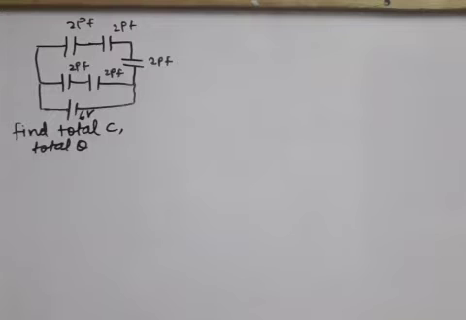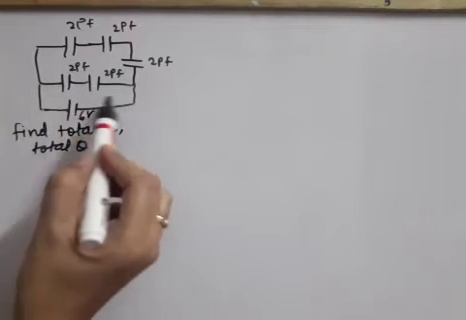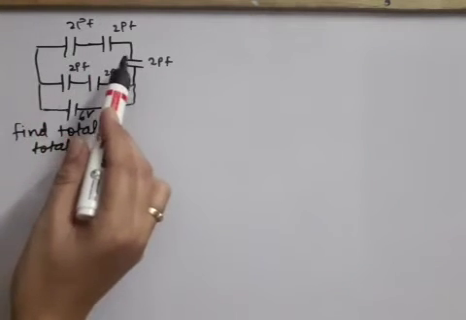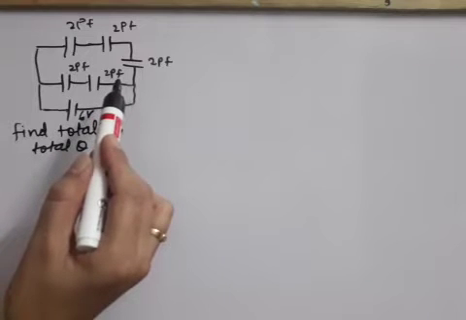Now, in this session, we will revise some useful techniques to handle the network questions, that means the circuit questions. So, let's start. We have here this capacitor network in which 5 capacitors are shown and each is of the value 2 picofarad.